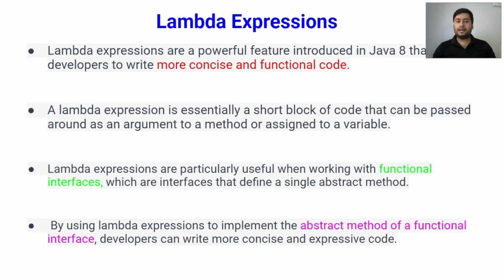It will give more concise, more functional code, with less code to write, a short block of code that can be passed around as an argument of a method and assigned to variables. Lambda expressions are particularly useful when working with the functional interface, which is an interface that defines a single abstract method. What is the meaning of that?